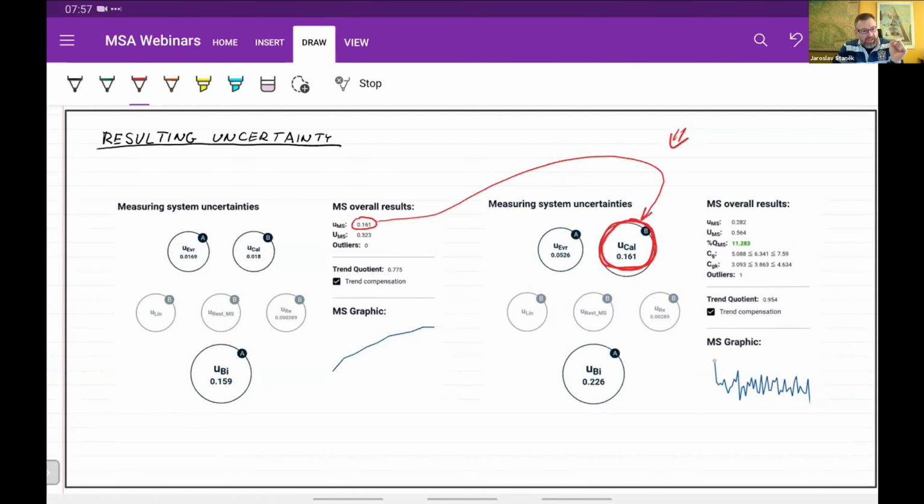And one of the good ways to find that out is to look in the calibration report of that master. And the calibration report has quite a few useful pieces of information, mostly two. The first is the uncertainty of the calibration device which was used to check that master.